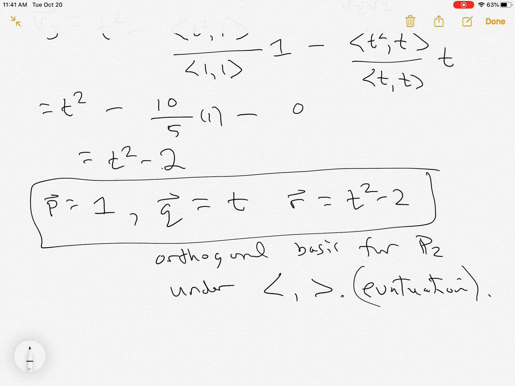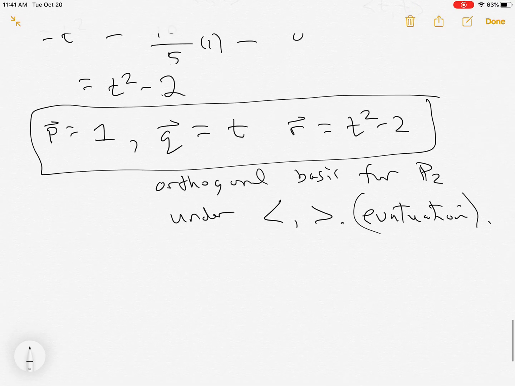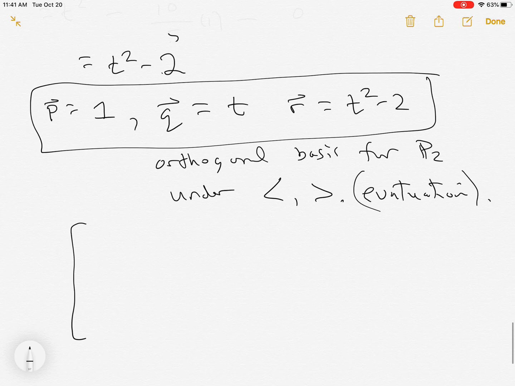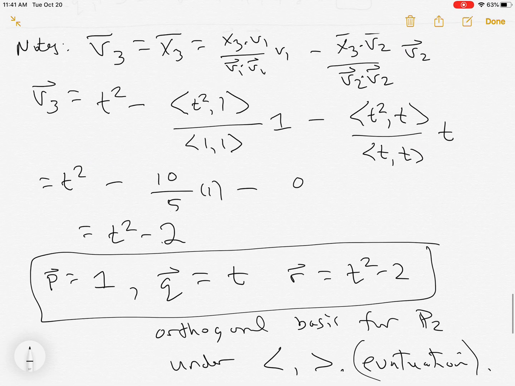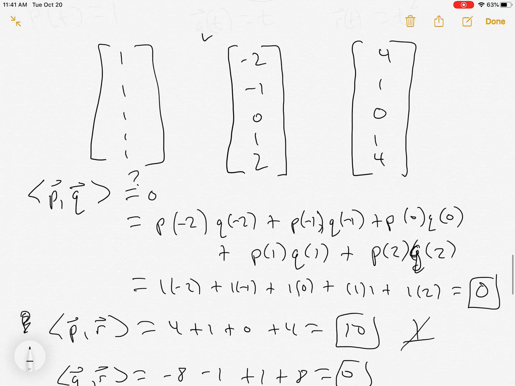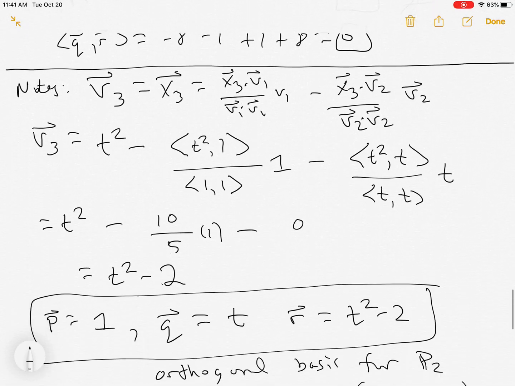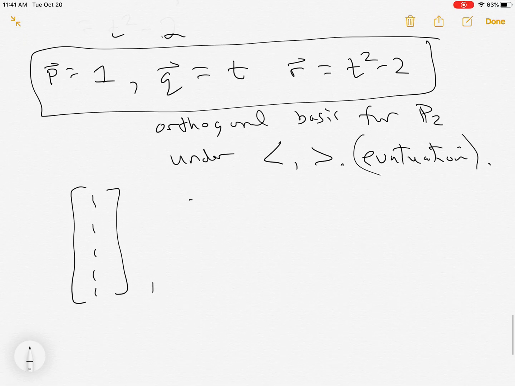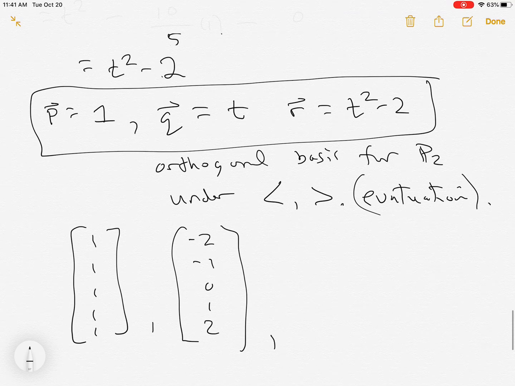And if you're not clear on that, let's go back to R5. We showed this first vector was 1, 1, 1, 1, 1. The second vector t was, that's just identifying, minus 2, minus 1, 0, 1, 2. And let's get this third one here. If you plug in minus 2, that gives you 2.